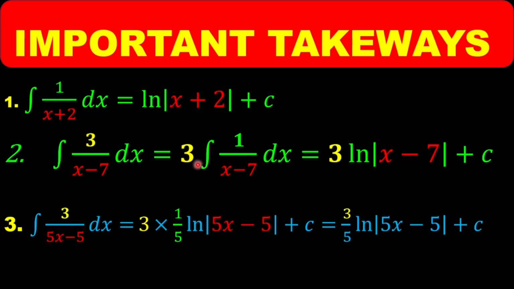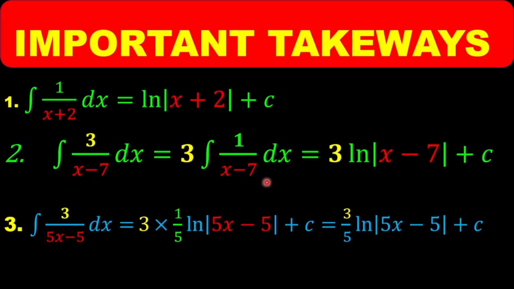So when I come to this step, you realize that this 3 has been taken out, and if 3 is removed, what will be remaining here is 1. So on the right hand side, you see that the 3 is outside the integral sign, and then we have 1 over x minus 7. Then we can apply this standard integration here.